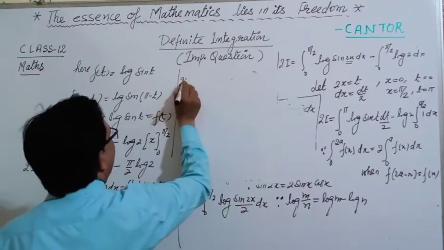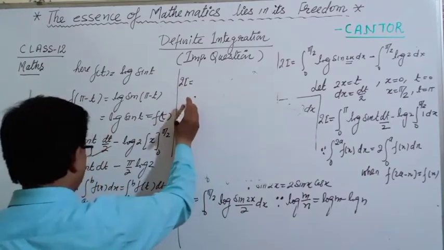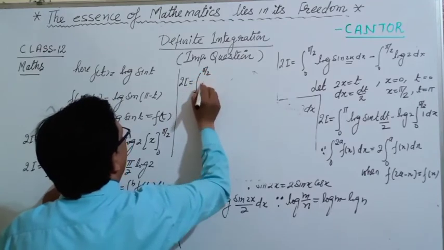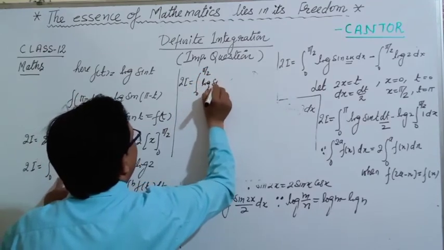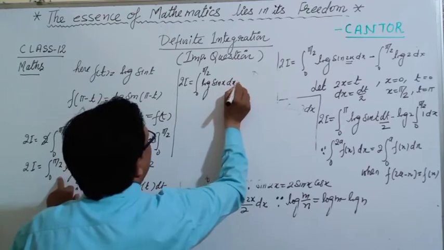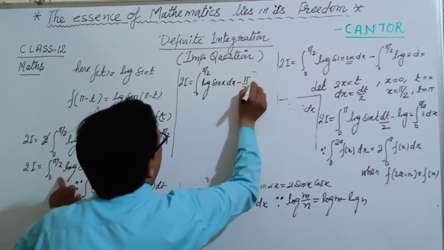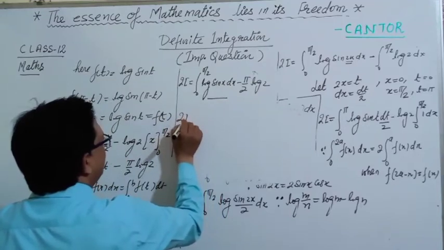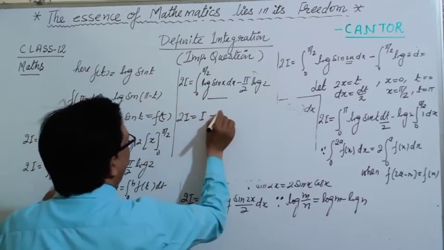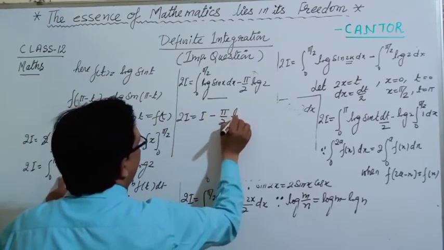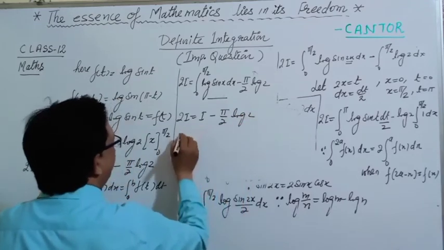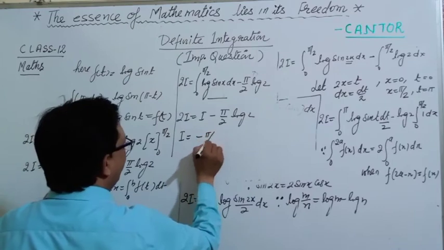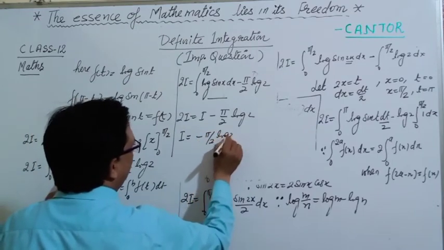So 2I is equal to, by this property, here we write the integral from 0 to pi by 2 of log sin x dx minus pi by 2 log 2. And this becomes I. So 2I is equal to I minus pi by 2 log 2. And 2I minus I becomes I equal to minus pi by 2 log 2.